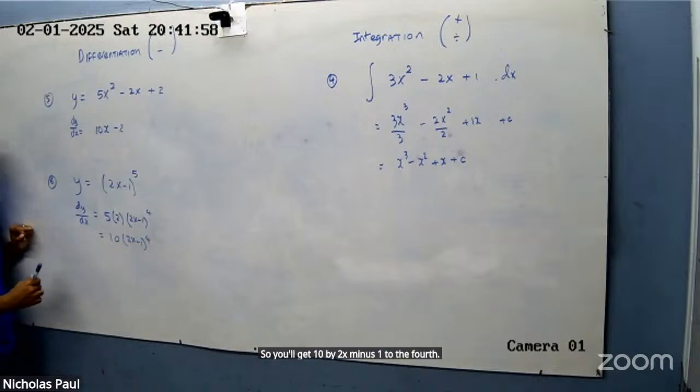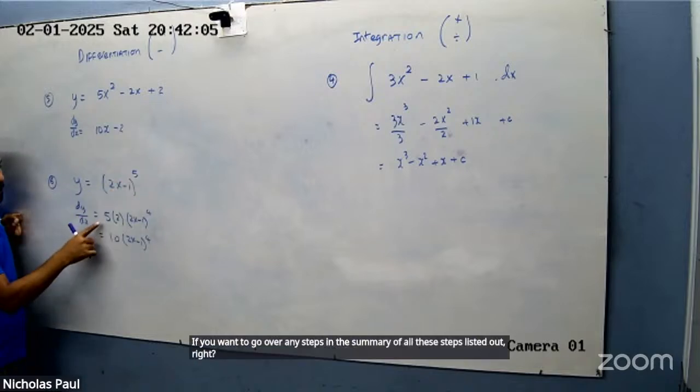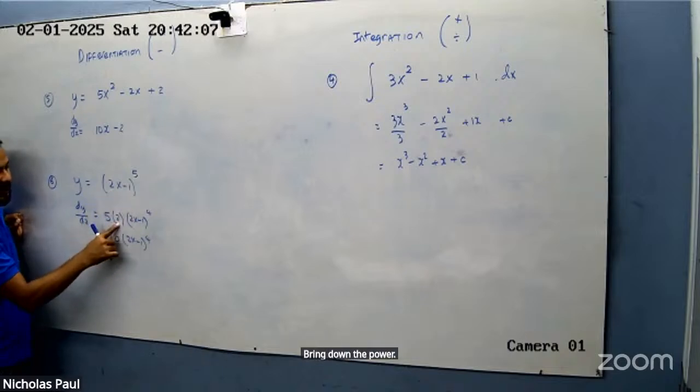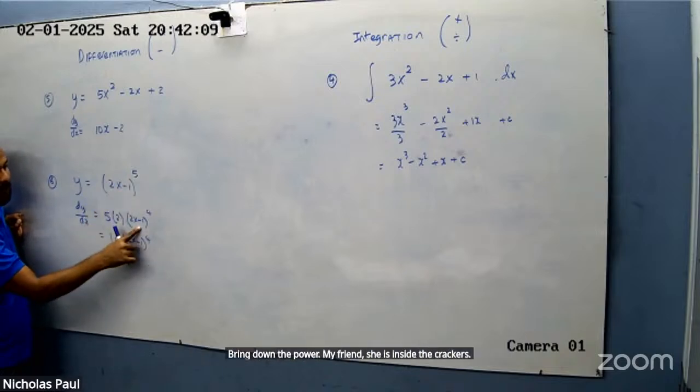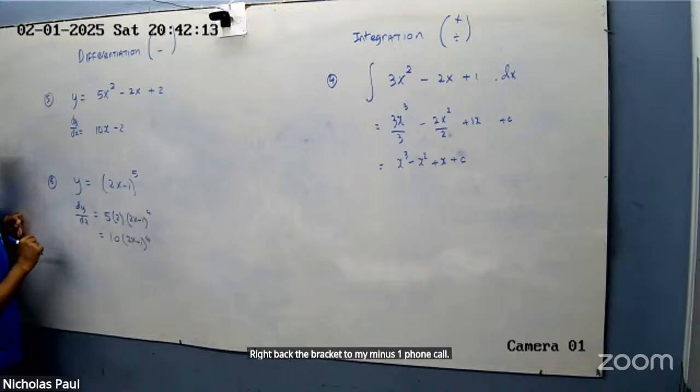Watch it again, right? If you want to go by the steps in the summary, I have the steps listed out, right? Bring down the power, differentiate inside the bracket, write back the bracketed term and minus 1 for the power. That's okay?